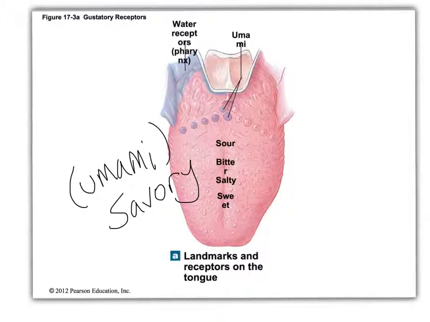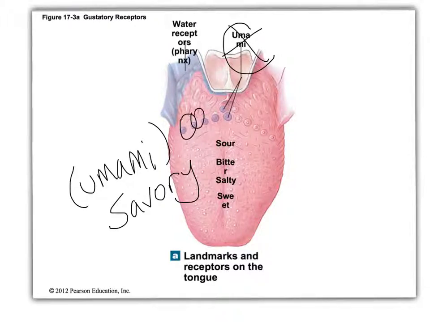And the reason that umami is the proper name is that the Japanese researchers were the first ones to actually identify the receptors. This idea that you have different tastes on different parts of the tongue is no longer accepted. They're pretty well scattered.